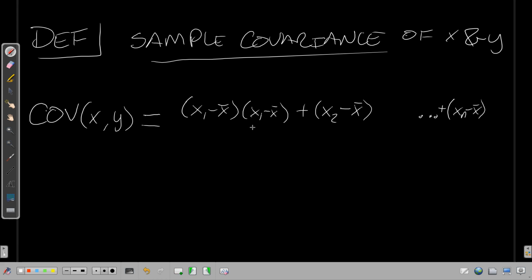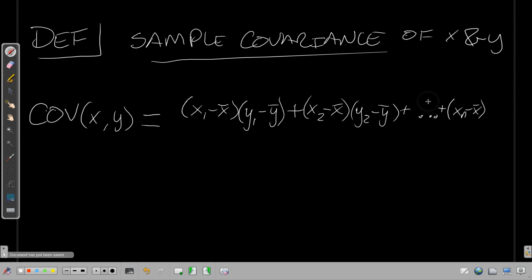But instead of me having the x information here and it being squared, I'll put the y information. So this would be y1 minus y bar. And then for the next data point, normally you'd square it, there'd just be another one multiplied, but now because it's the covariance, we'll make it be for the y data.